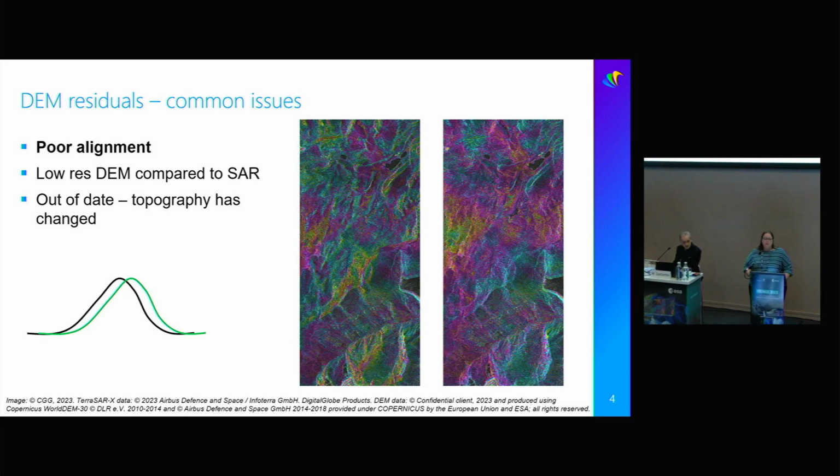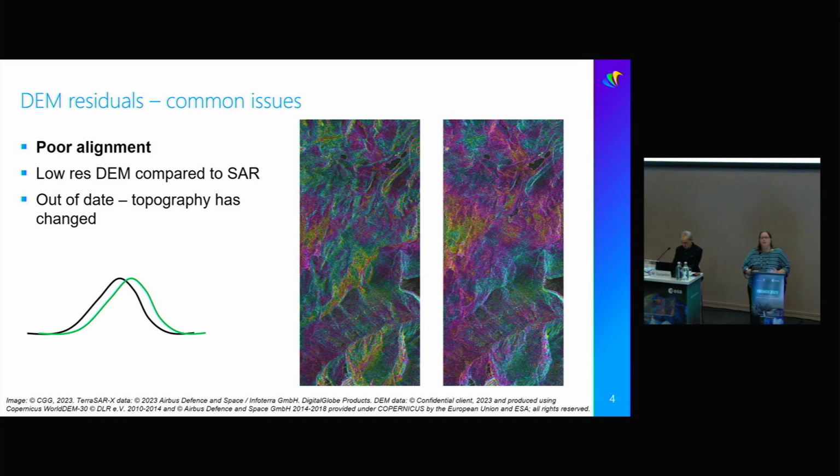Some of the issues we see, so poor DEM alignment. In this particular case, there's a section of high resolution DEM which was properly aligned. It was mosaicked with a wider, I think, GLO30 DEM around the edges. And because the high resolution had a poor georeference on it, it was made using, I think, local LiDAR data, when the two were mosaicked, they didn't line up.